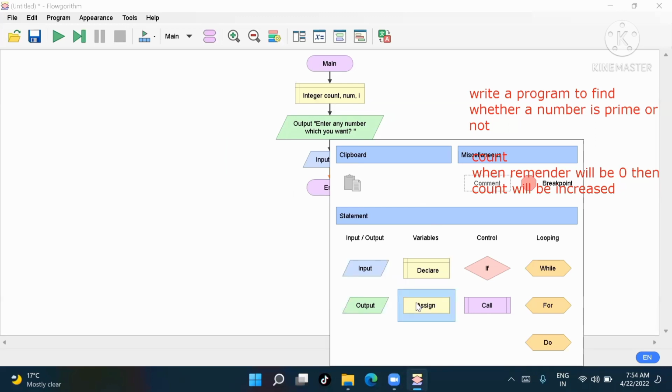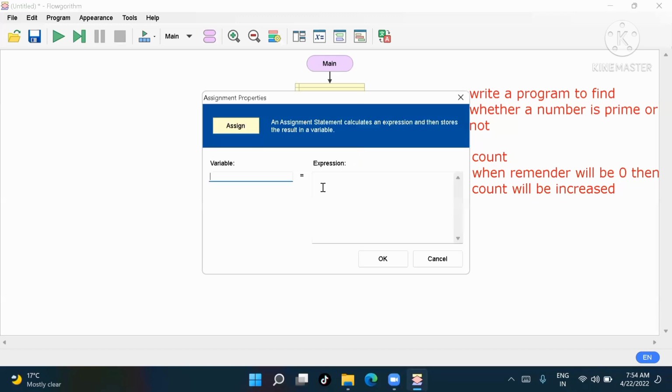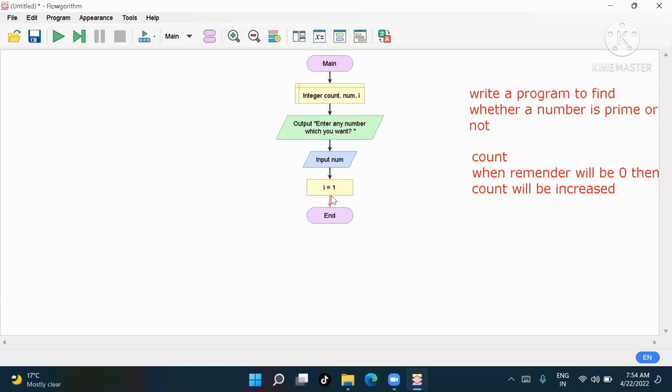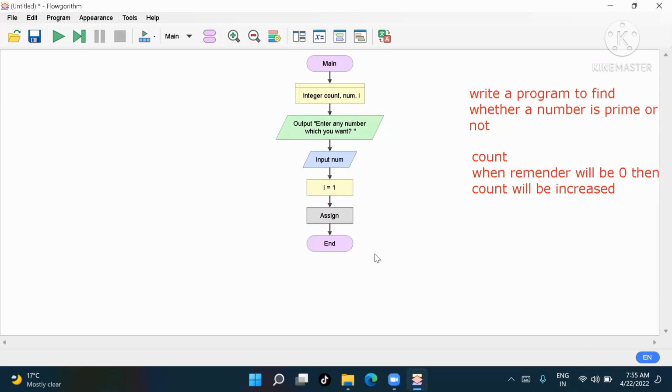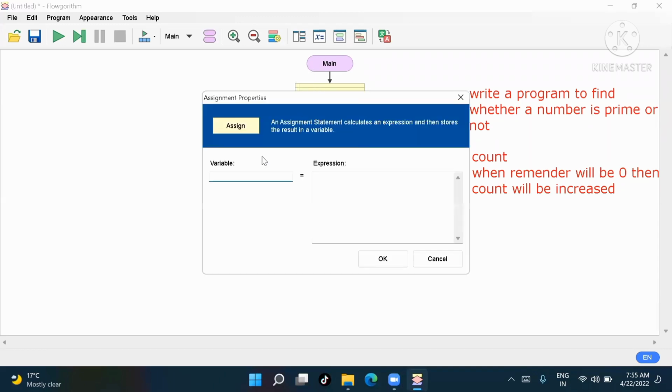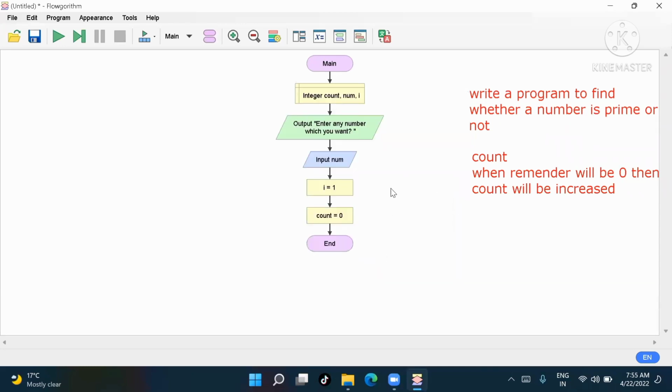I'll use a for loop now, i equal to 1, right? Then, as I have discussed in every video, count will be 0, count equals 0, right? Understood up to this much?